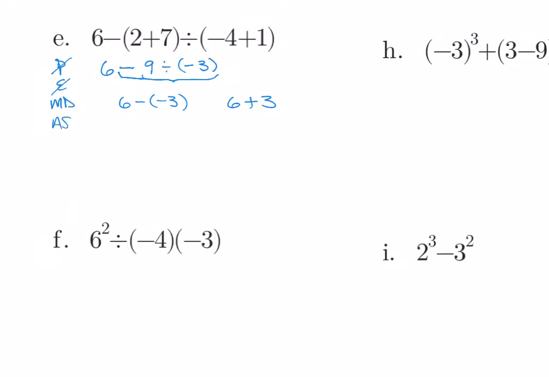This is doing it in one step, whereas if you just do 9 divided by negative 3, it happens in 2 steps. We get 6 minus negative 3 becomes plus 3. And either way, we get 6 plus 3 is 9.